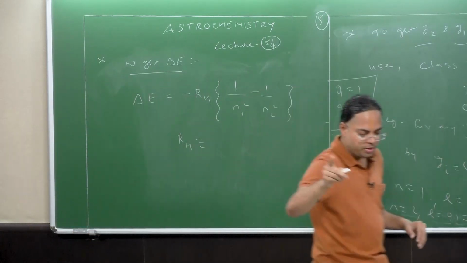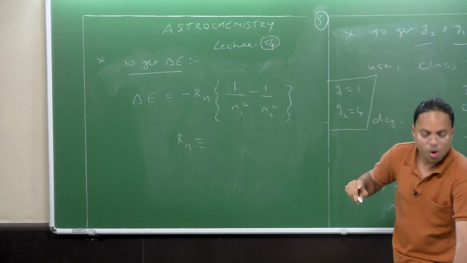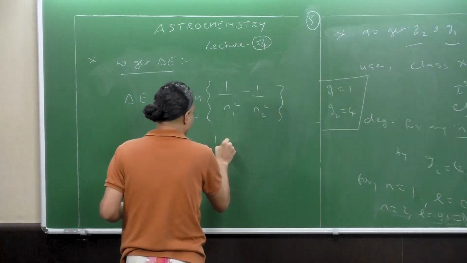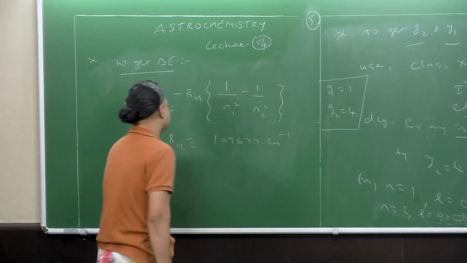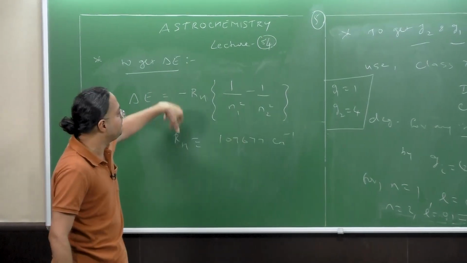Its value is 109,677 centimeter inverse, so you get the delta E in centimeter inverse first.